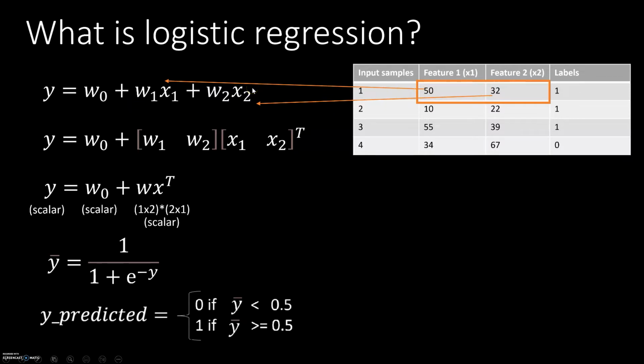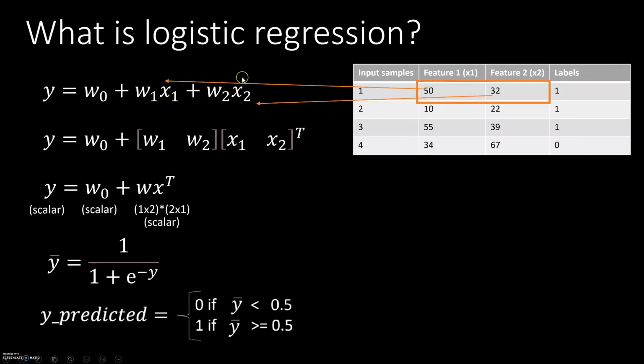Logistic regression is derived from linear regression. So we'll start with the linear regression equation, which is this. In this case, W0, W1, and W2 are model parameters, and we do not know what these are. But we do know Y, X1 and X2.